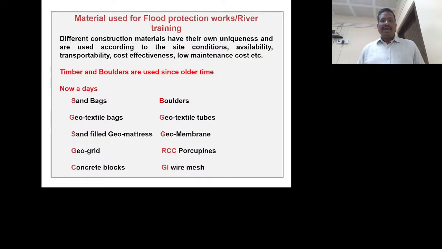Generally sandbags, boulders, geotextile bags, geotextile tubes, sand-filled geomattress, geomembrane, geogrids, RCC porcupines, concrete blocks, GI wire mesh. These are the new ones, but in earlier days only timber and boulders were generally used to protect the banks. Nowadays, all these geosynthetic materials are used for bank protection works.